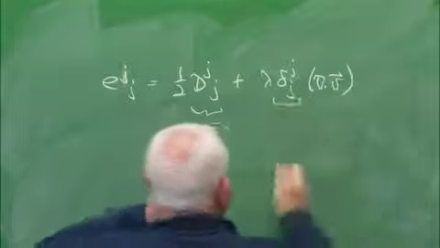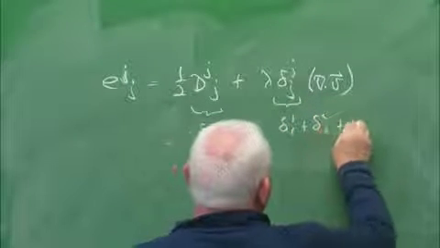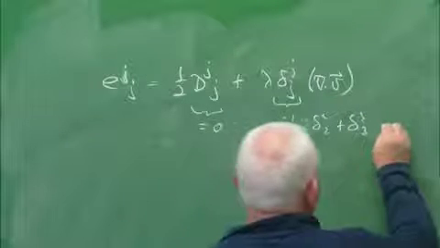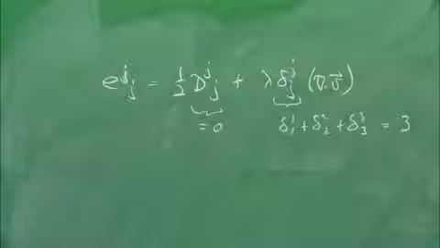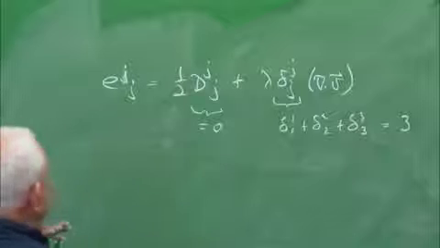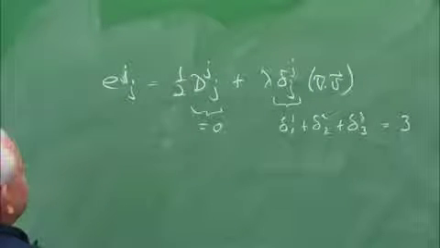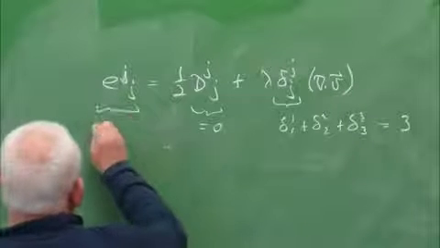The Kronecker delta is delta 1,1 plus delta 2,2 plus delta 3,3, because we're working in space, and that gives me 3. Right? And this is lambda v.